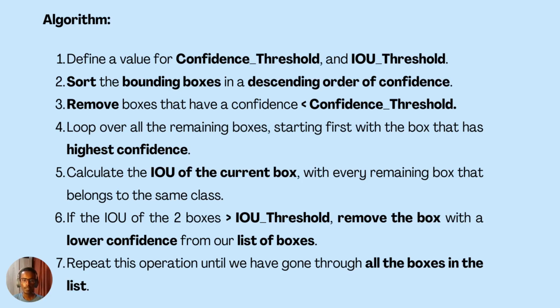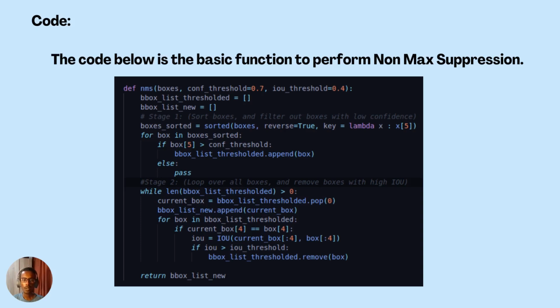So we removed the blue box because its confidence was lower. So we remove all of the boxes with lower confidence from the list of boxes. And on the seventh step, we repeat this operation until we have gone through all the boxes in the list. So this is the algorithm.